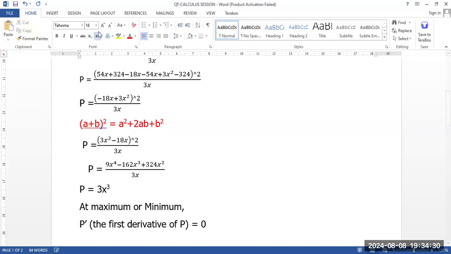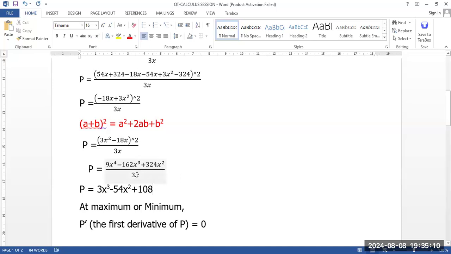Okay. Then minus, if we get 162 divided by 3, what do we get? We get 54. Then x power 3 divided by x, you get x squared. Then plus, if you get 324 divided by 3, you get 108.